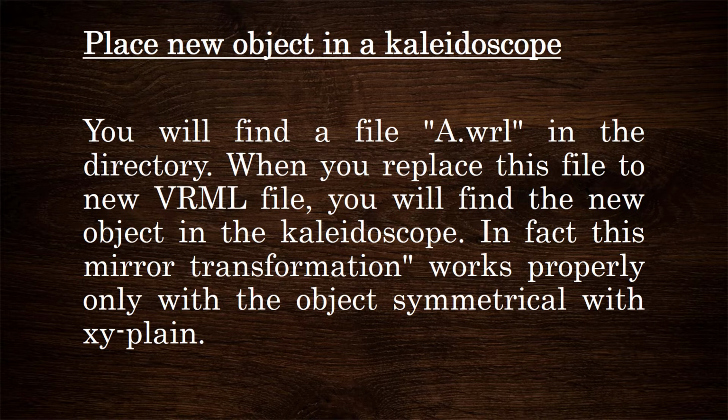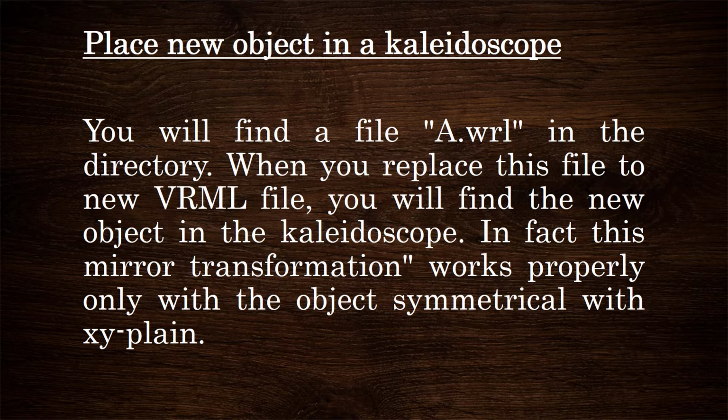Now, how to place a new object in a Kaleidoscope? It is actually the inline function of VRML which is used. You will find a file a.wrl in the directory. So A is nothing but a file which needs to be included in the VRML. Actually, when you replace this file with a new VRML file, you will find that new object in the Kaleidoscope.